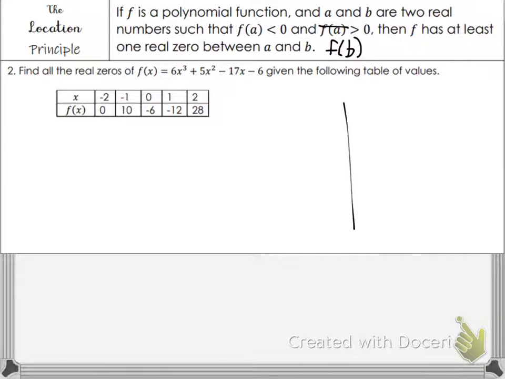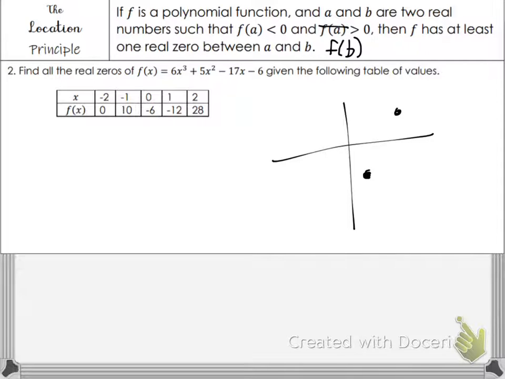So here's what that is essentially saying. I have an x value of a, and let's say the y value that corresponds with that x value is a negative number. It's going to be somewhere down here, right? And then I have an x value b. The y value at b is a positive number.